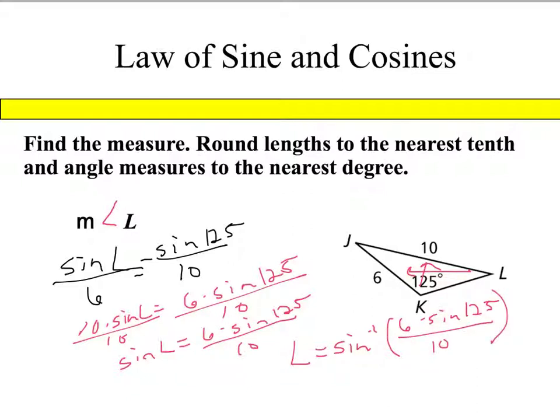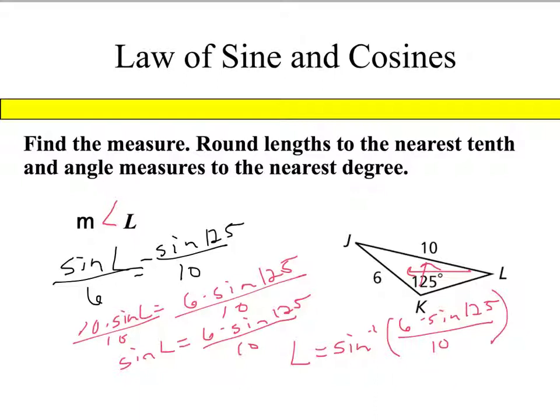Holy buckets! That looks complicated. Let's do it on our calculator. When you type this into your calculator, you will get the angle measurement. You take second sine, and then inside those parentheses, you need to take 6 times sine, and you have to make sure that 125 is inside another set of parentheses, end it, divided by 10, and then end the last parentheses.